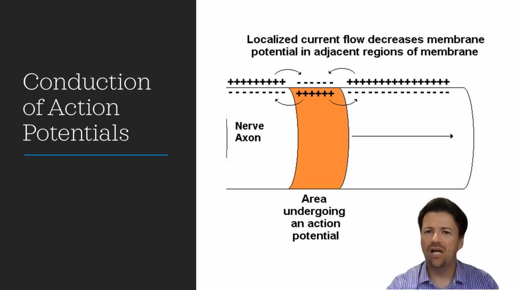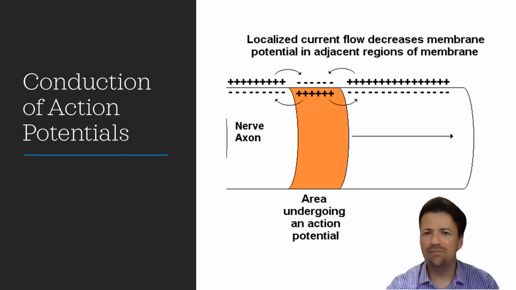But when positive charge comes here, what do we call that? Remember, when the inside of the cell becomes more positive, we call that a depolarization. And when that depolarization occurs, remember what happens to the voltage-gated sodium channels? They open. And when the voltage-gated sodium channels open, what happens to the sodium? It comes inside the cell.